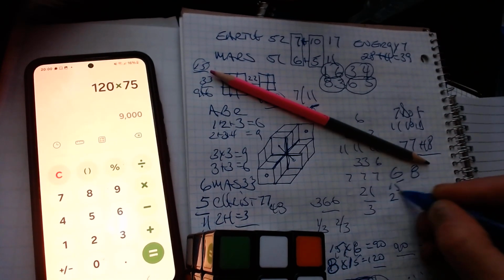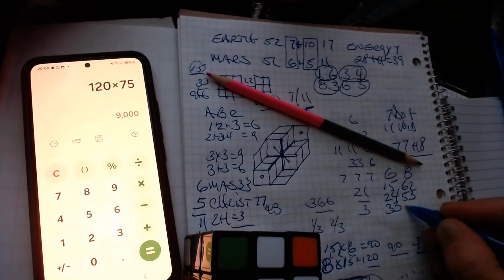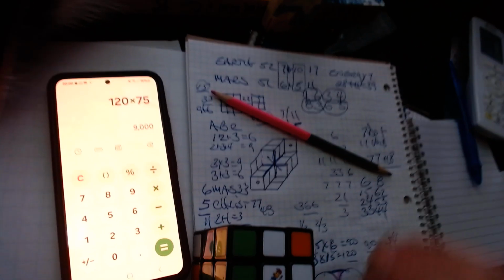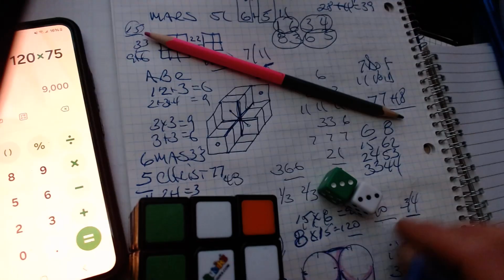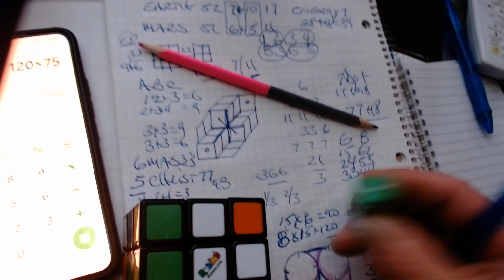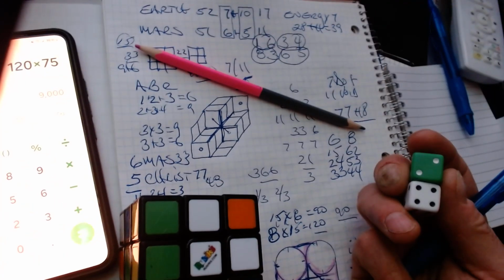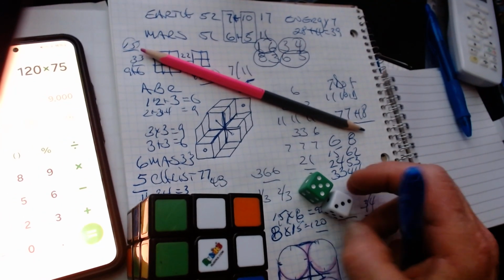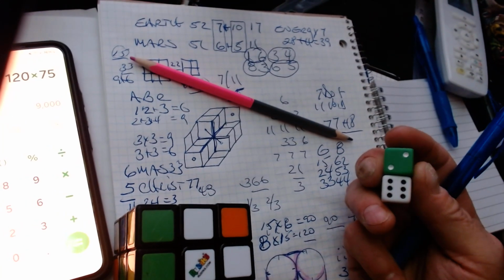It's 1 and 5, 6, 2 and 4, 6, 3 and 3, 6, 6 and 2, 8, 5 and 3, 8, 4 and 4, 8. Why do I say that? I didn't say anything. I said 3 and 3, 6, to 4 and 4, 8. I said 5 and 3, 8, to 4 and 2, 6. I did 5 and 1, 6, to 6 and 2, 8. So I didn't say anything.